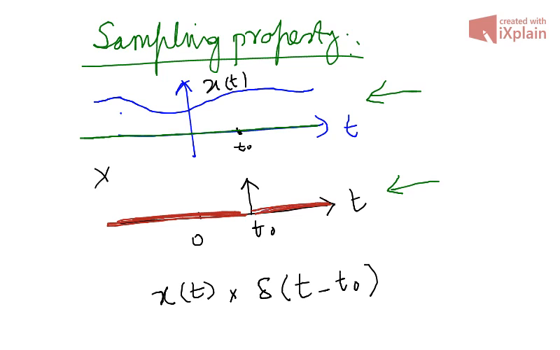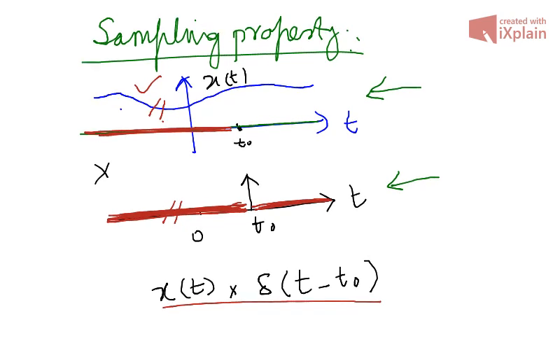Similarly, after t naught, you are multiplying x of t with delta t minus t naught. So x of t towards the left of t naught has some value, but we are multiplying it with delta t minus t naught, so it has no value, 0 here. So if you multiply this value with this 0, you would get 0, right?